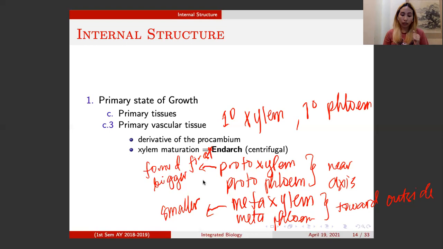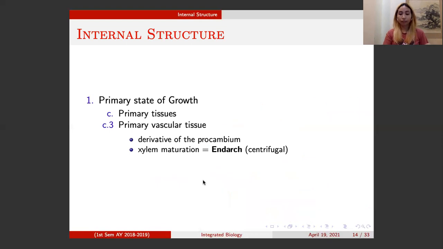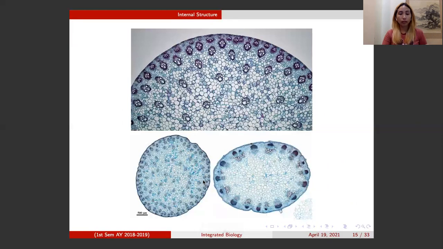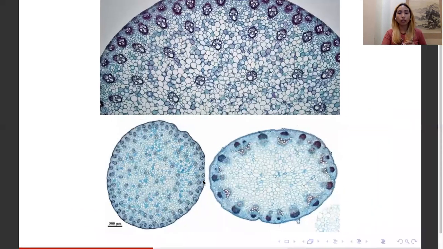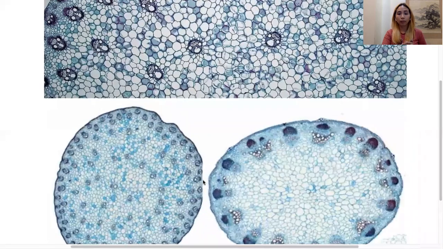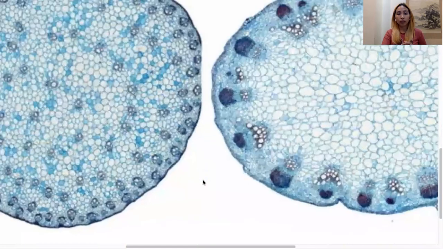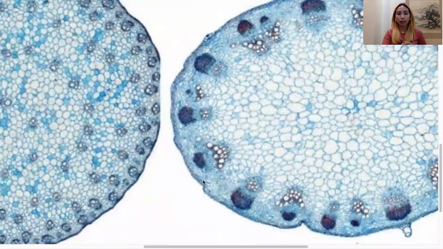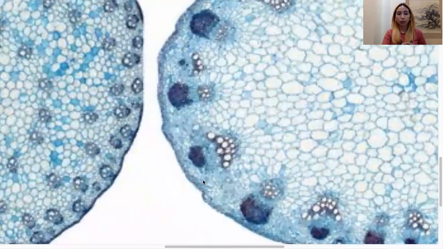All right. Now, in this next slide, I want to show you yung itsura ng xylem, right? Protoxylem, protophloem. Okay? So it is seen best here, yung protoxylem and metaxylem.